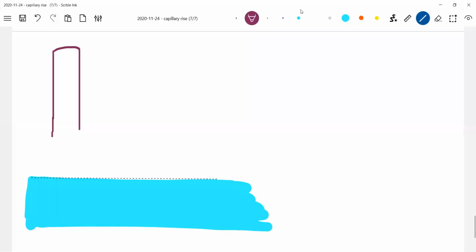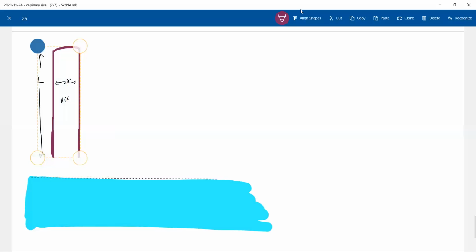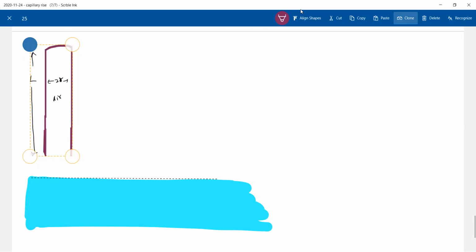Let me increase the size of the capillary tube a little bit. Now, this capillary tube has a length L and radius 2r. Initially, everything is here. If I keep it here, tell me what will happen to this particular capillary tube.